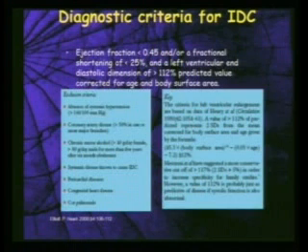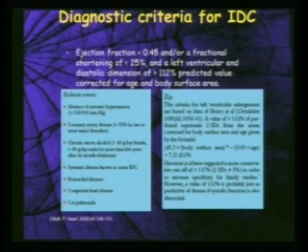The diagnostic criteria for idiopathic dilated cardiomyopathy is based on the ejection fraction by echocardiogram less than 0.45, fractional shortening decreased by less than 25%, and the diastolic dimension should be more than 112% of the predicted value for the age and body surface area.